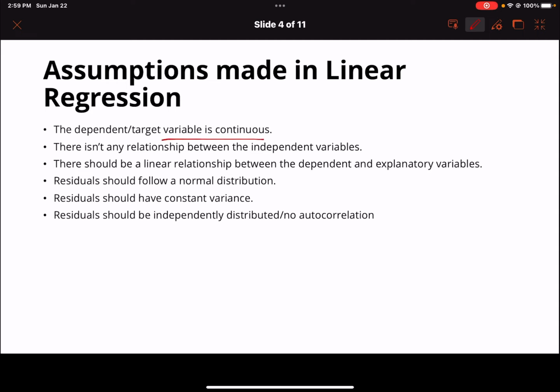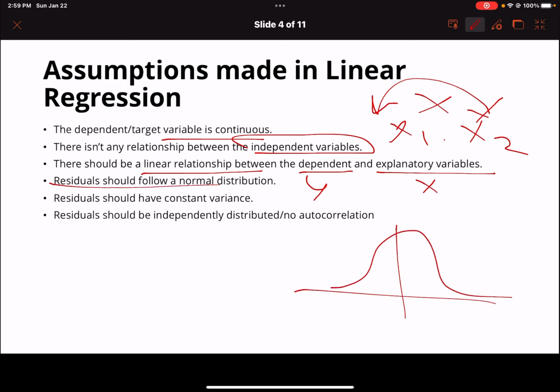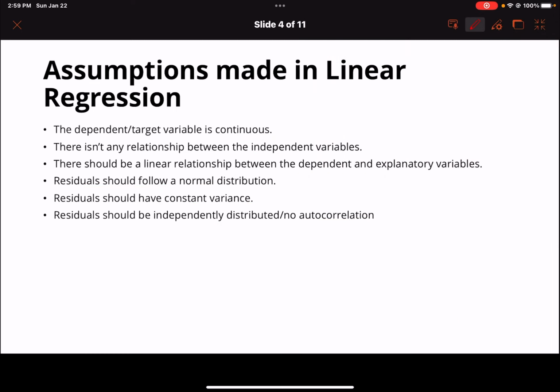There is no relationship between independent variables that I told you, x1 and x2. There is no relationship among these two. There should be a linear relationship between the dependent and explanatory or the predictor variables. Y and x should have a linear relationship, and the residual should have a normal distribution. It should be something like this, and have a constant variance. Variance is how much they are spread across, and then residuals should be independently distributed, or there should be no autocorrelation.